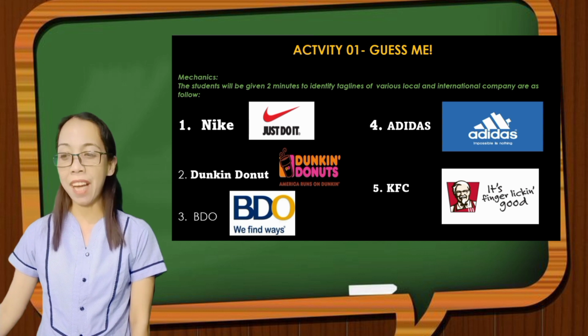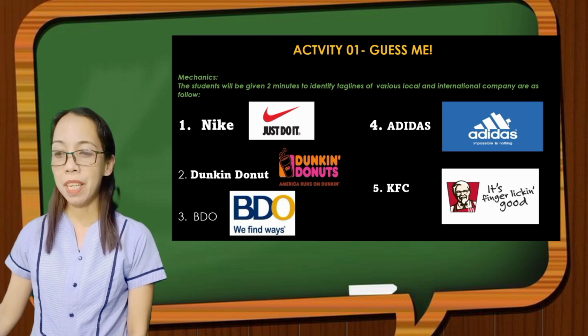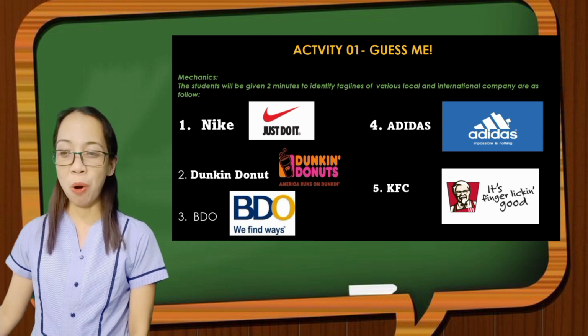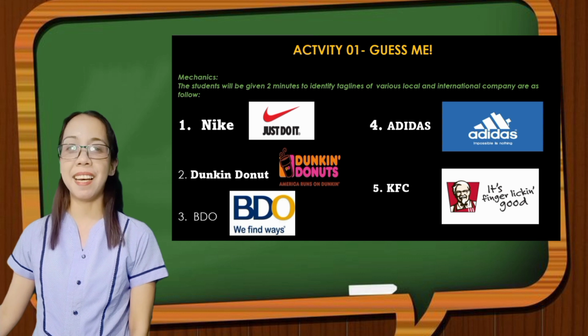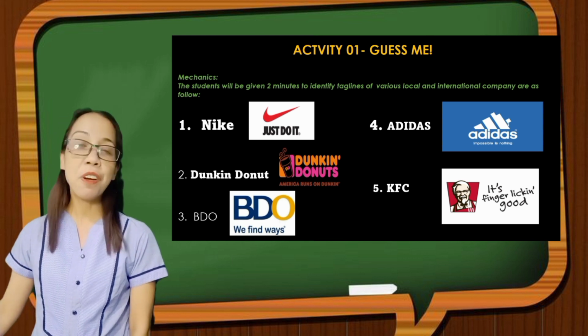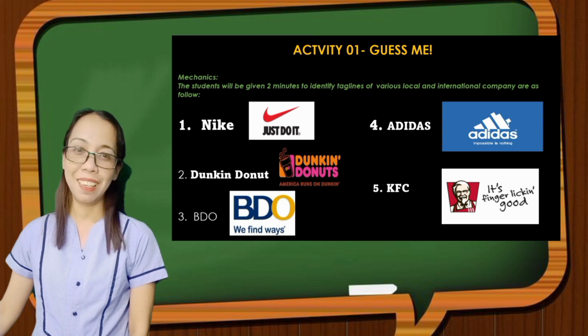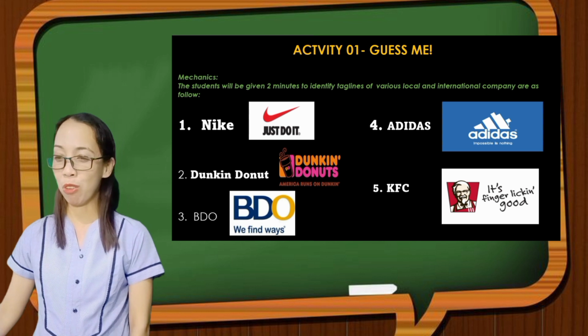Correct. Very good, class. Next one will be "Impossible is nothing." Yes, correct. That is Adidas. Last will be "It's finger lickin' good." Yes, very good, class. That is KFC.